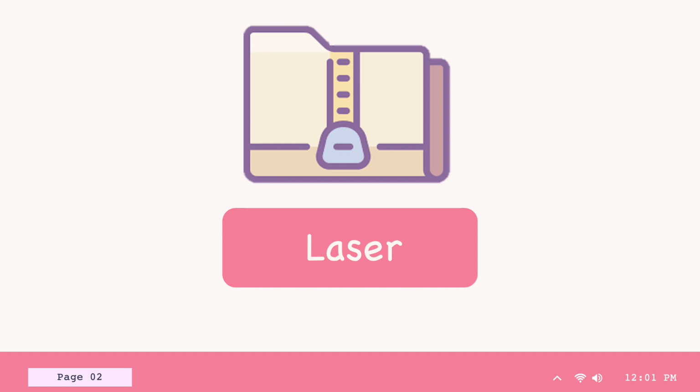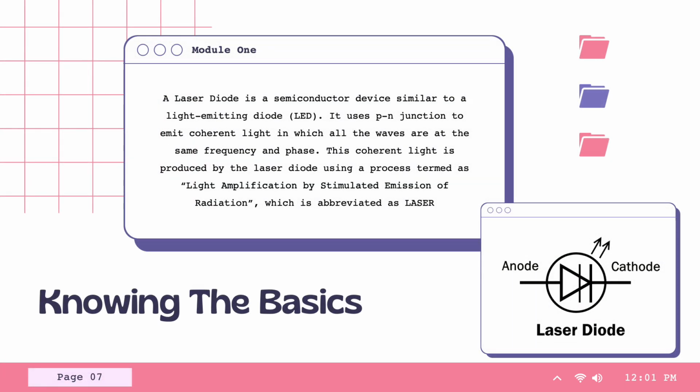Next we have the laser diode. A laser diode is a semiconductor device similar to a light-emitting diode or LED. It uses a PN junction to emit coherent light in which all the waves are at the same frequency and phase.